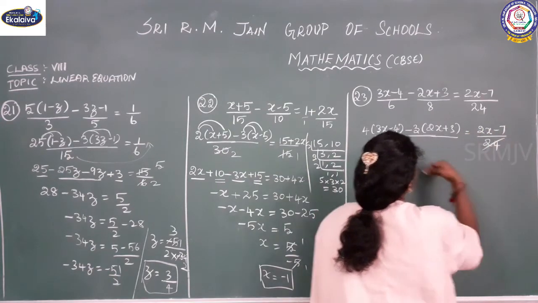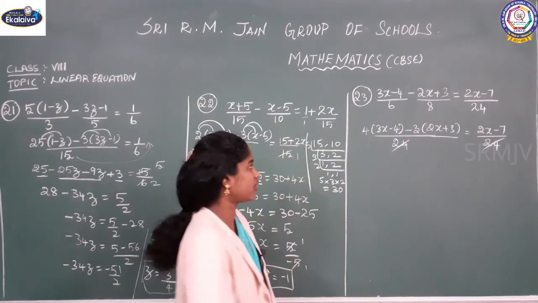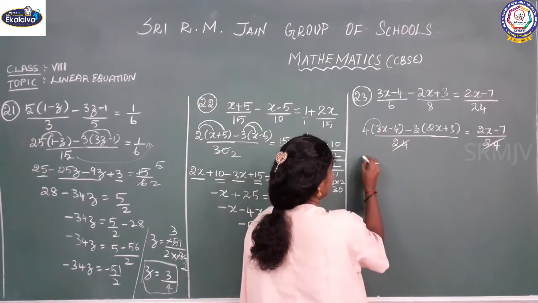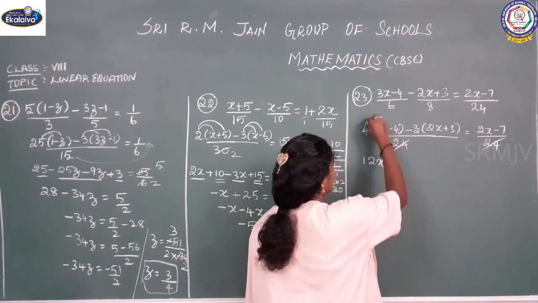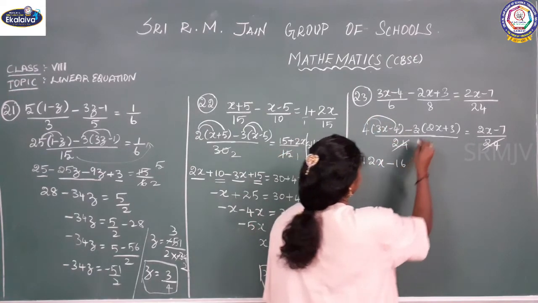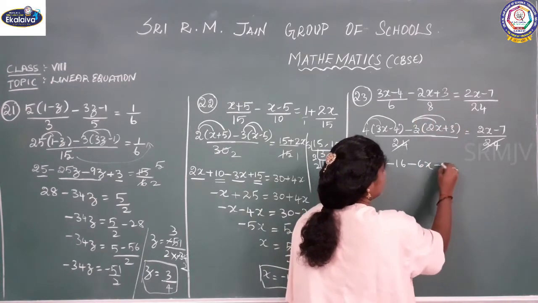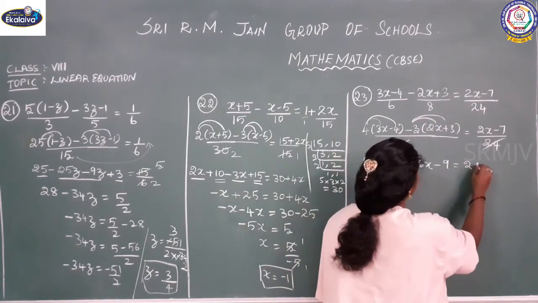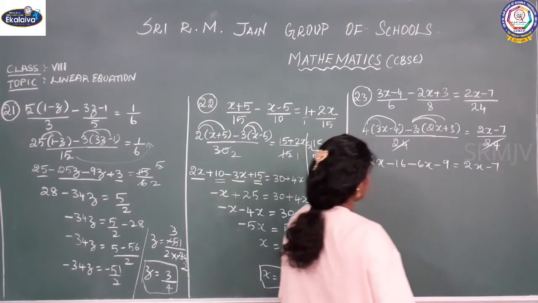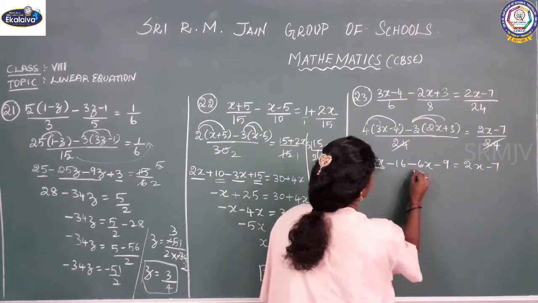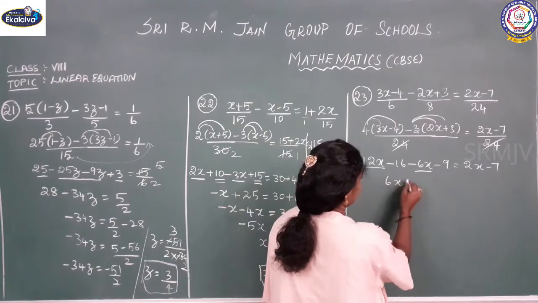I can cancel 24 and 24 here. Then what I'll get? 4 3s are 12x minus 16 minus 6x minus 9 is equal to 2x minus 7. Okay. So 12x minus 6x I'll get 6x.